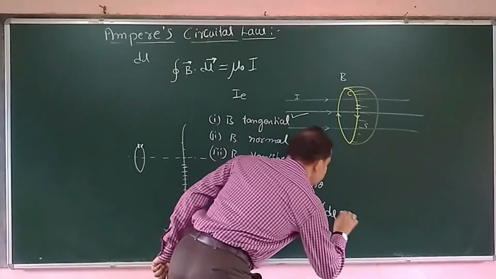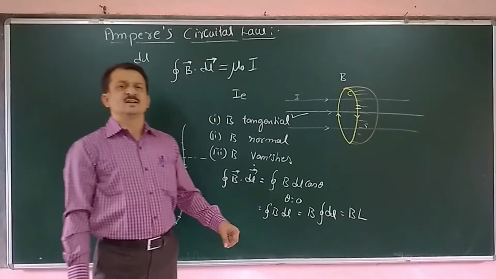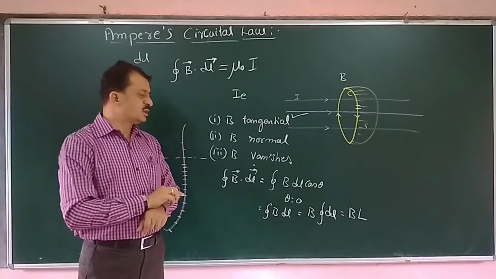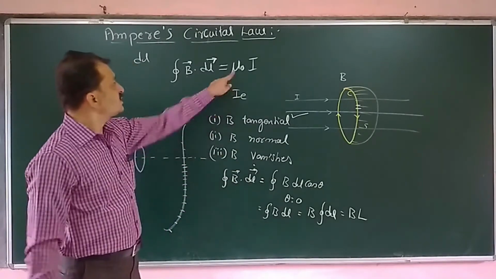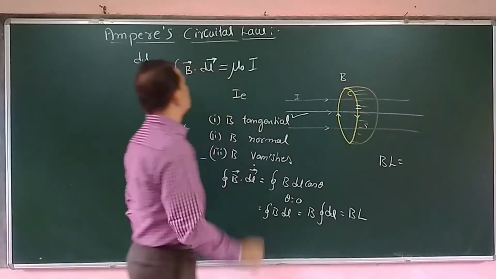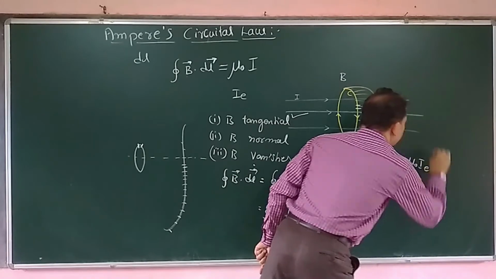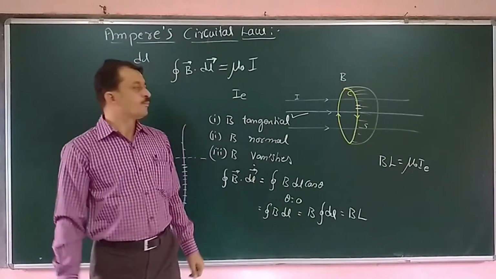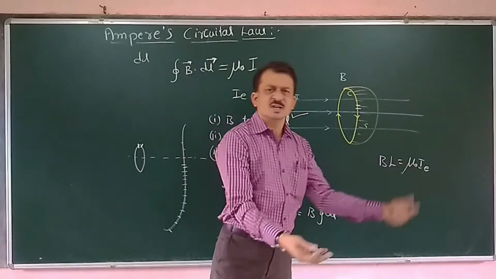Let me call it L, where capital L is the total length of the loop. Now this is the left hand side, then the right hand side is, therefore we get B into L is equal to mu naught into I_E, the current enclosed by that boundary. If it encloses the entire current, then I_E becomes I.